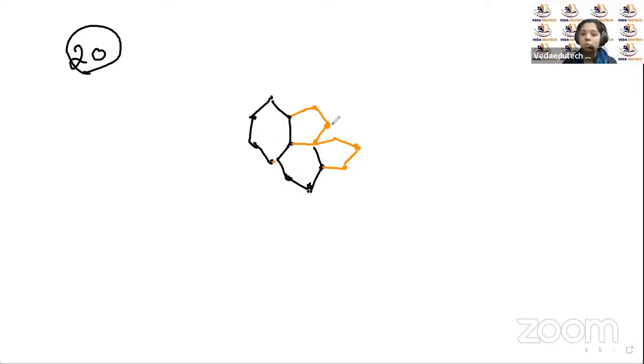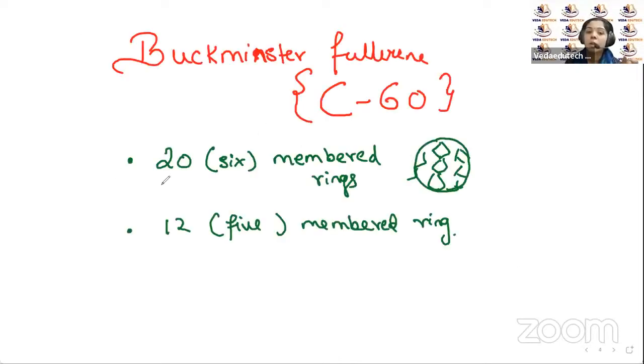So in this we are having 20 6-membered rings and 12 5-membered rings. They all together make 60 carbons. That is why it is called C60 structure.